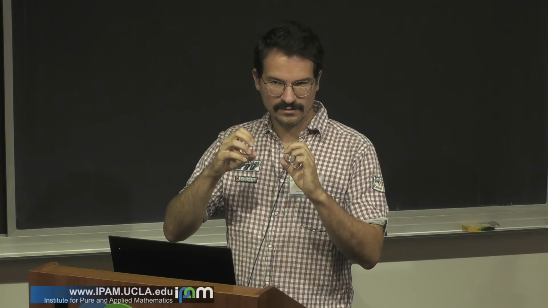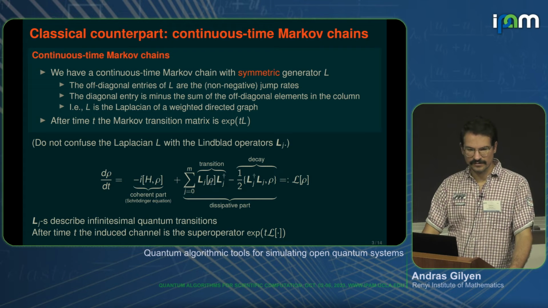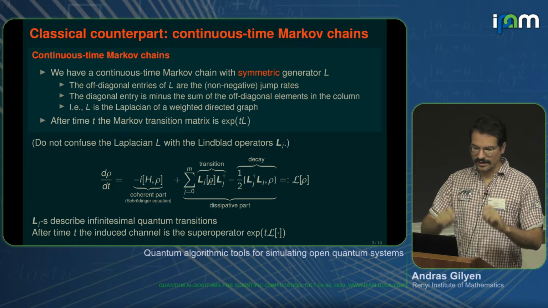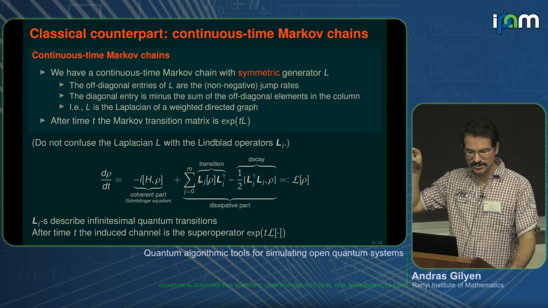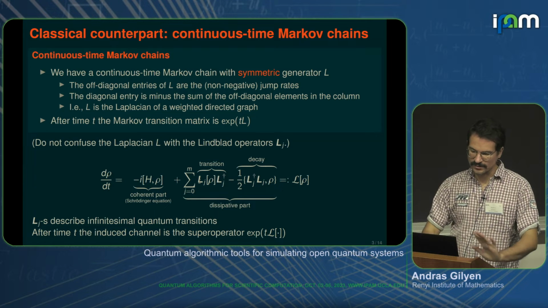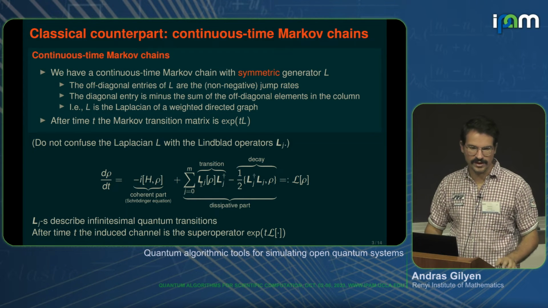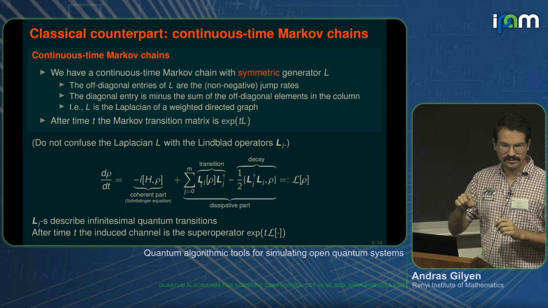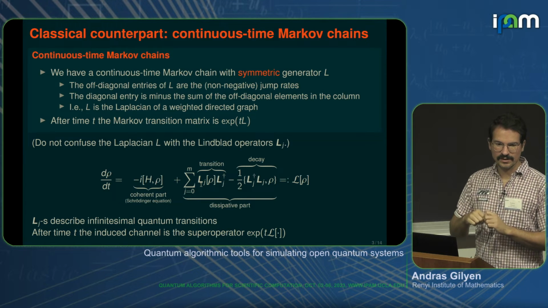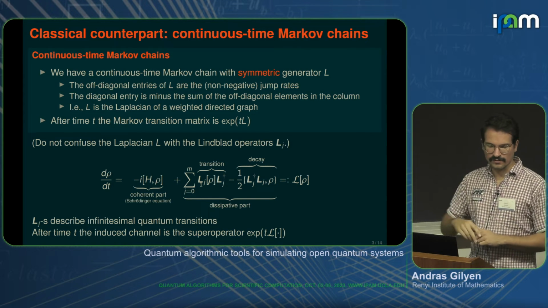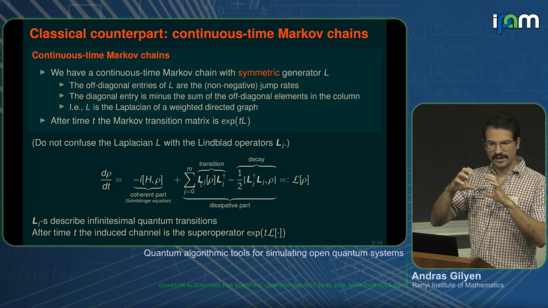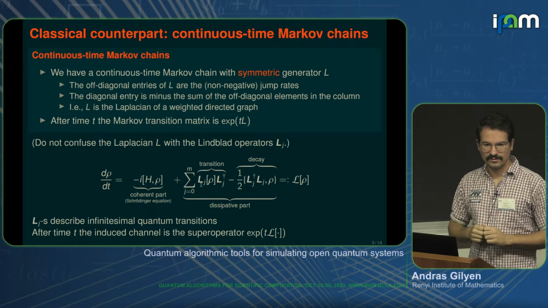Sorry, like Ks, because you are jumping to state K from S, and that's just a rank 1 matrix, and you multiply it with the transition weight. More precisely, to get everything right, the square root. So if you have rate R from S to K jump, then in this picture that would be square root R times the Ks rank 1 matrix.